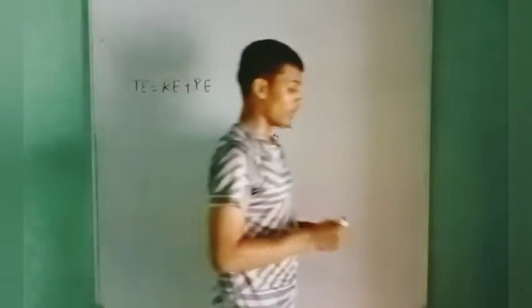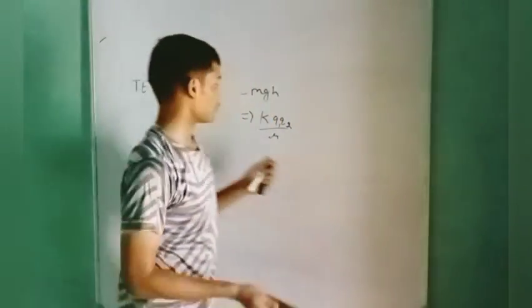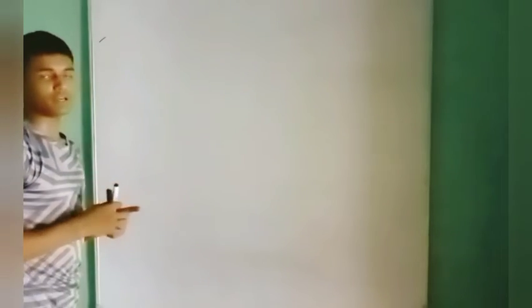Now we derive the formula for total energy, which is equal to En. We write En, because we take n here since we have to find the energy of the electron in the nth orbit.